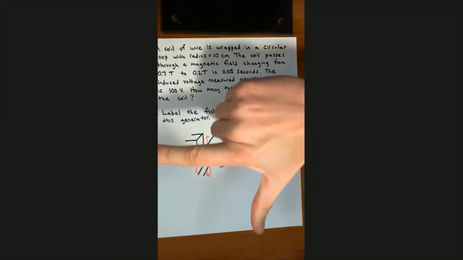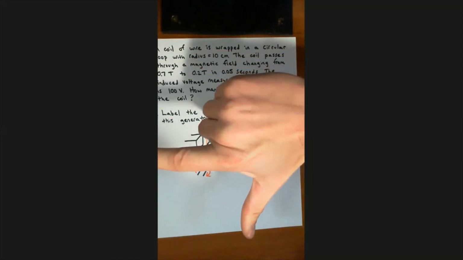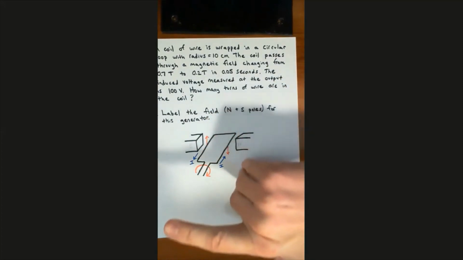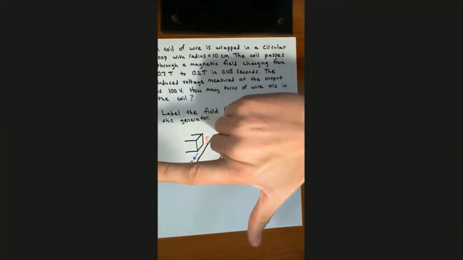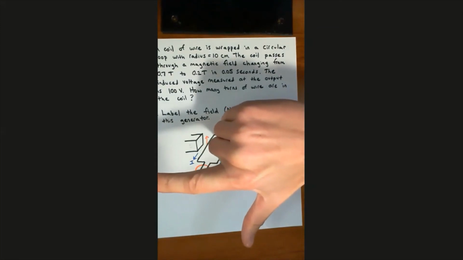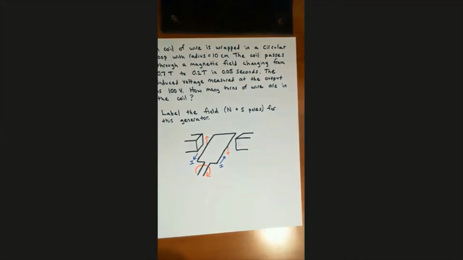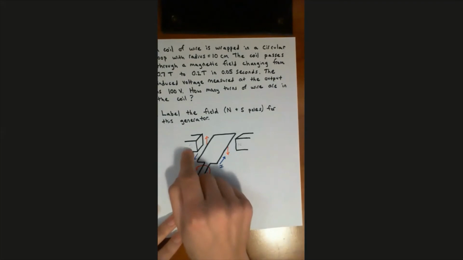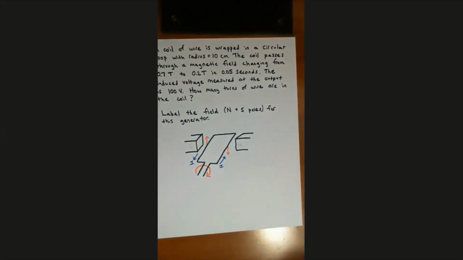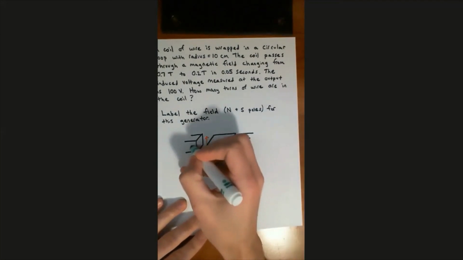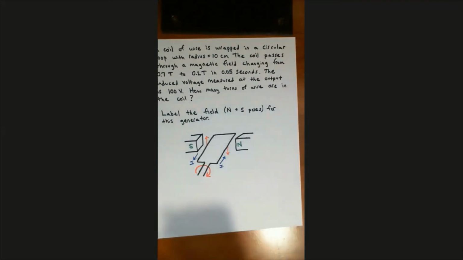Where the motion, that's for my thumb, is going down towards the bottom of the page, and the current flow, that's the blue, is going into the page. And so once again, my first finger is going from right to left, and that indicates that the magnetic field is going from right to left. And it goes from north to south, so therefore the north is on the right and the south is on the left. So I just confirmed that, so now I can write it in marker. North on the right and south on the left.